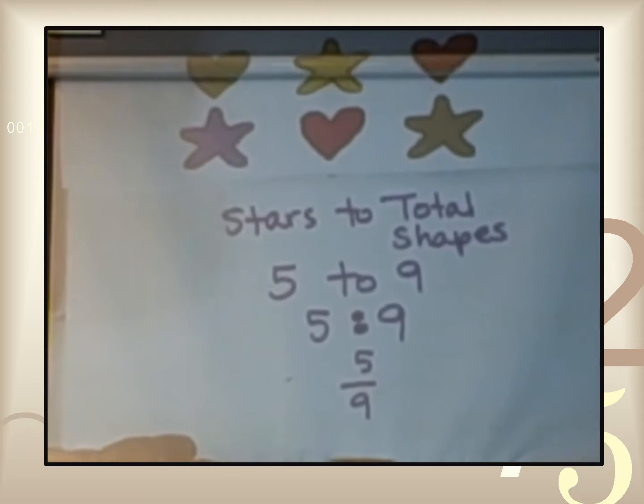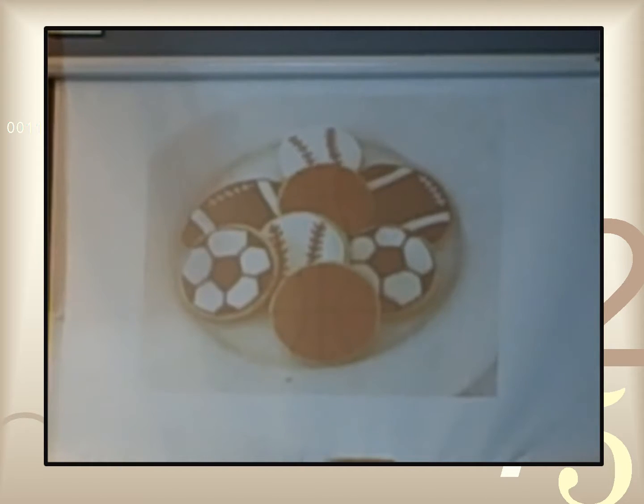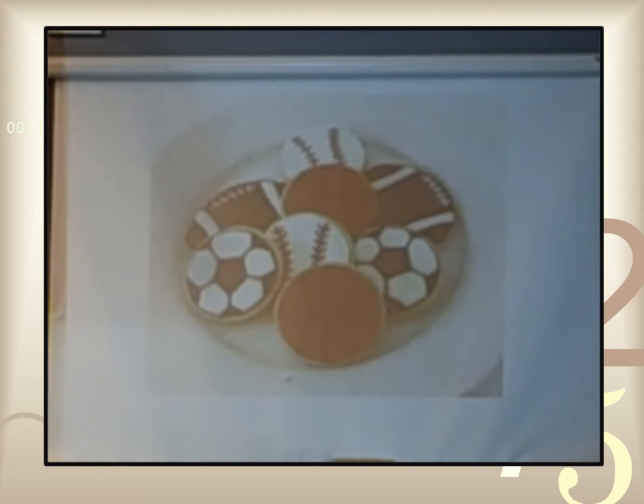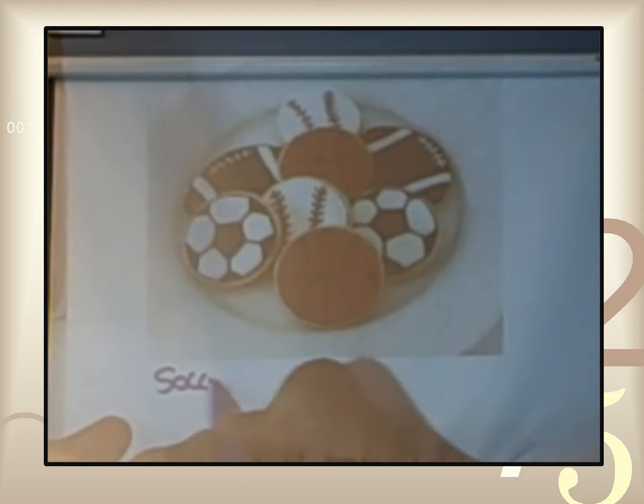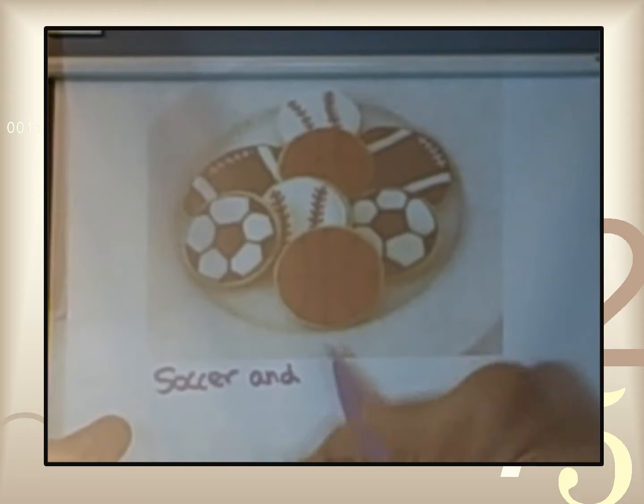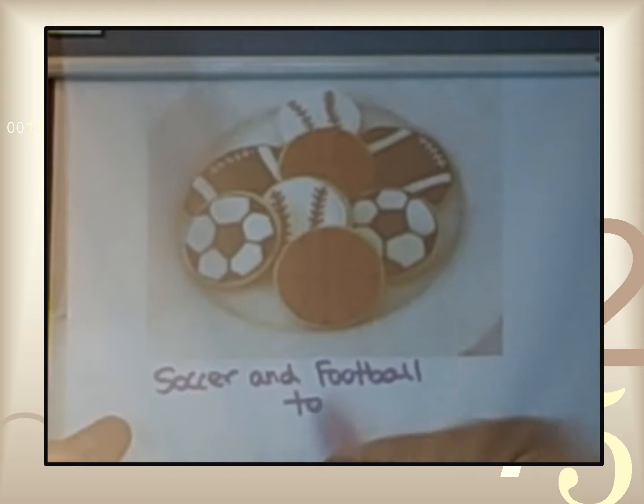Let's go ahead and look at our last example. In this example, we have a plate of cookies, and the cookies are in different sports shapes. Okay? So in this example, I would like you to find the ratio of soccer and football to basketball.